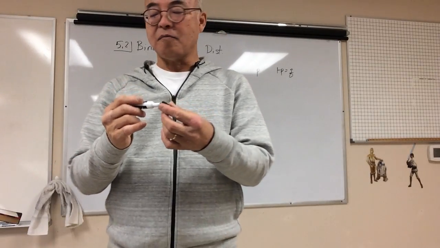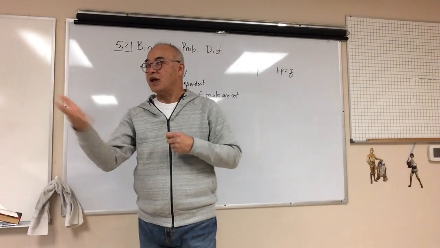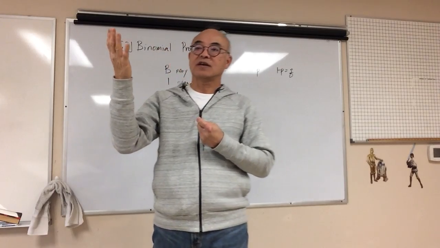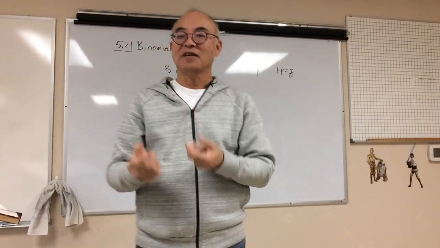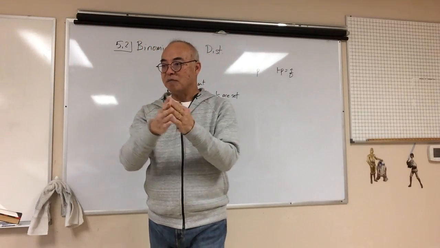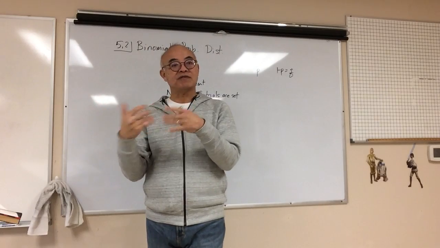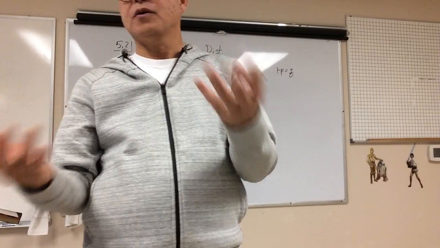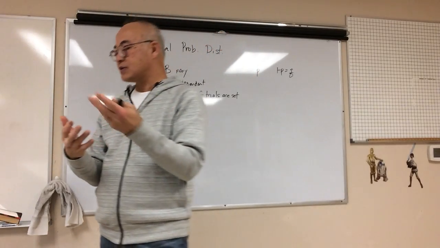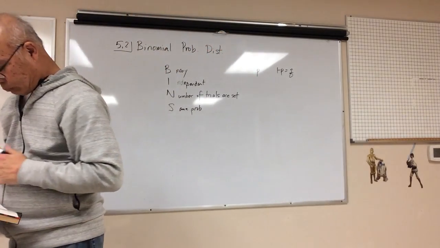So if I define rolling a 1 as a success, the probability is 1/6, right? Because there's six sides, right? So failure would be 1 minus 1/6, which is 5/6, right? So 5/6 of the times you would fail, 1/6 of the time you would succeed.